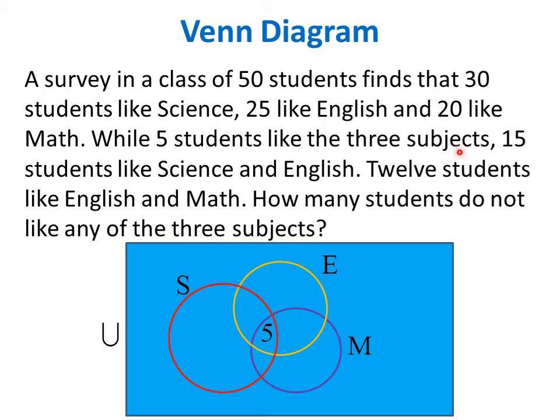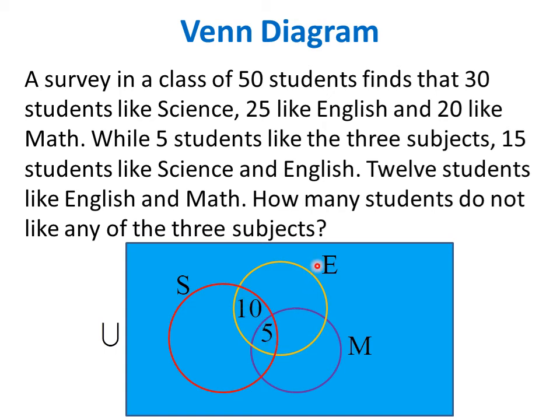We have here 15 students who like science and English. So in this area enclosed by the red circle and yellow circle, we should have 15. But we already have 5 here. So in the remaining portion of the intersection, we have to have 10, because 10 plus 5 is 15.